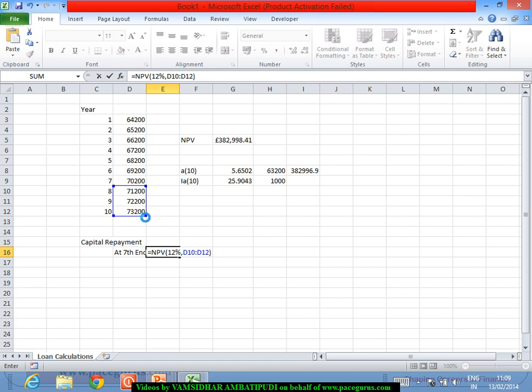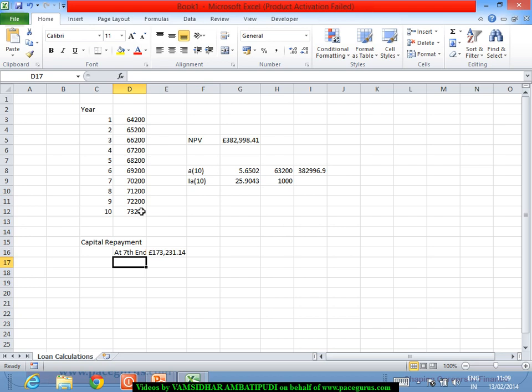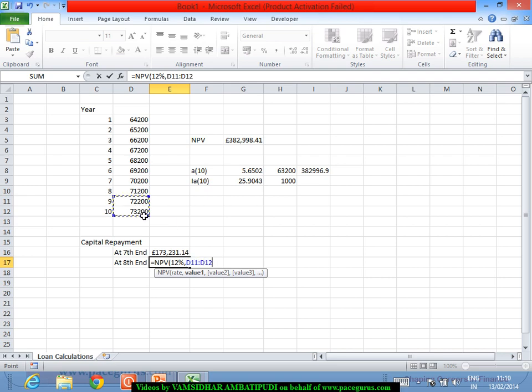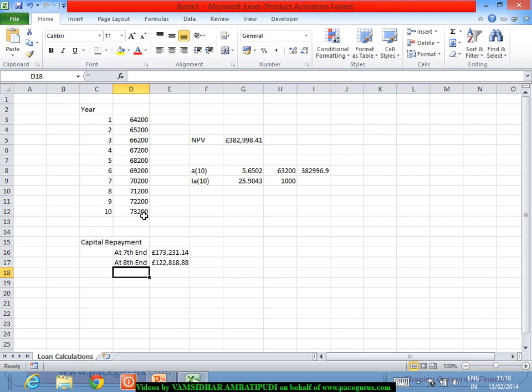So the principal outstanding at the end of the 7th year is 173,000, and at the 8th year end it is working out to again the same NPV at 12%. I can look out for these are the two outstanding at the end of 8th. The present value is this much.